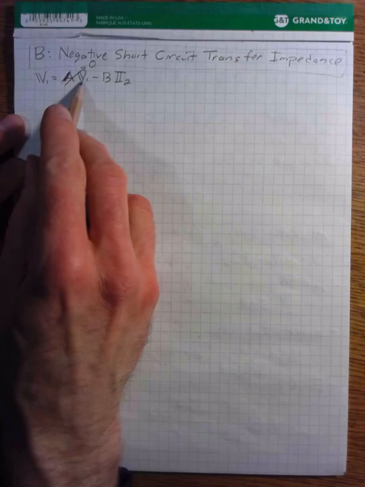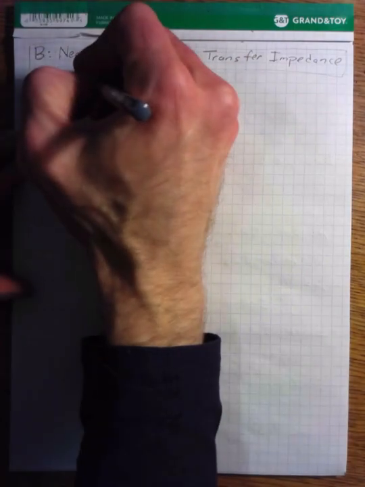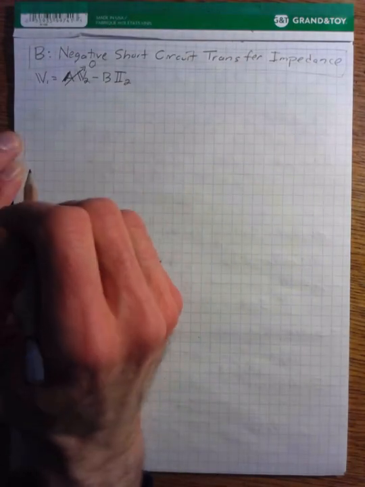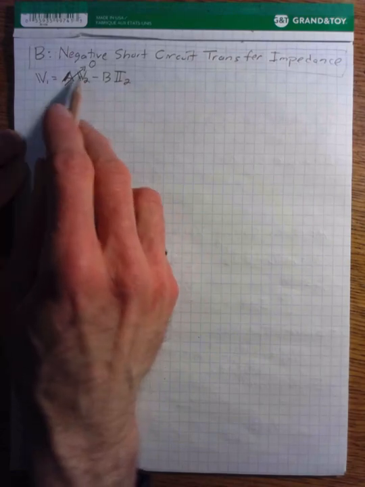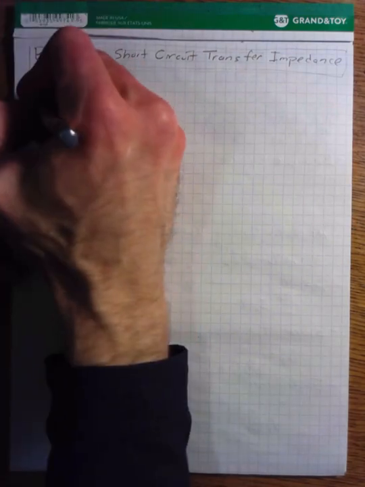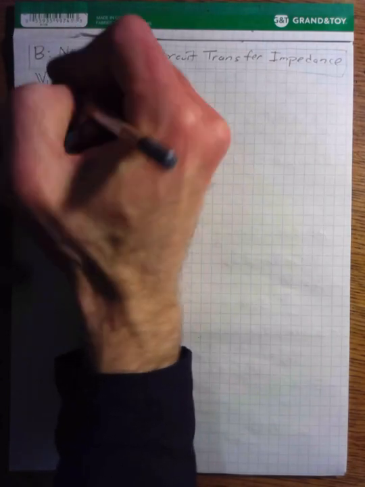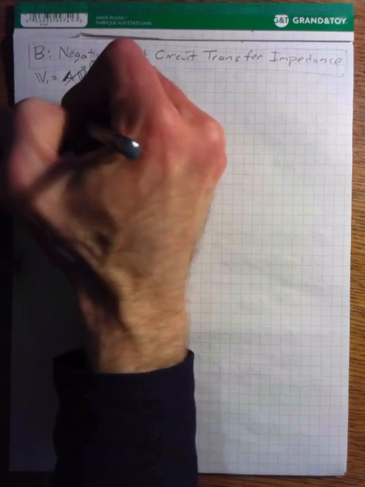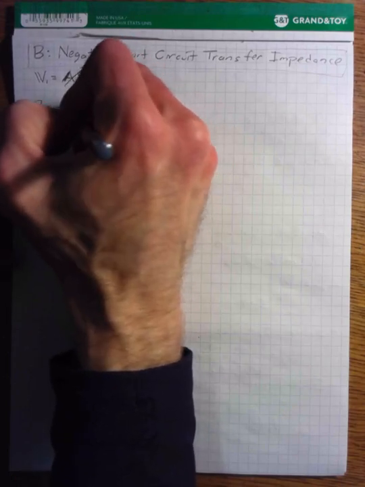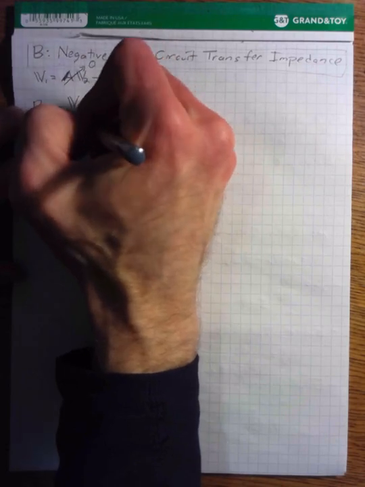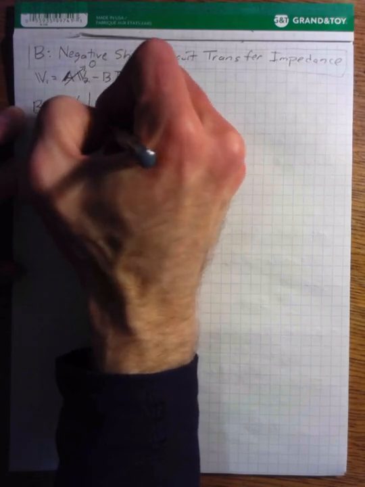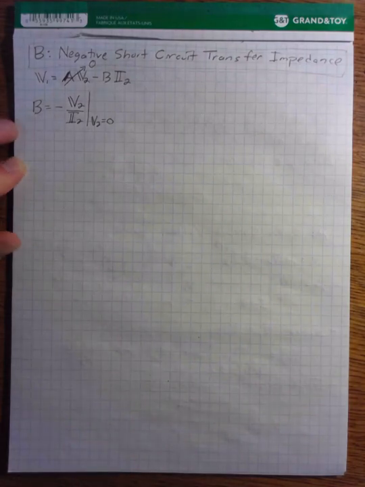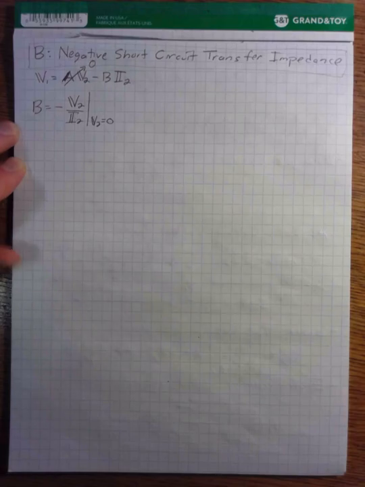And we can get rid of it by forcing, sorry, this should be V2, by forcing V2 to be equal to 0. And then once V2 is equal to 0, B is just equal to the negative of the ratio of V1 divided by I2, under the assumption that V2 is equal to 0. And how do we make sure that V2 is equal to 0? We basically short out the second port.